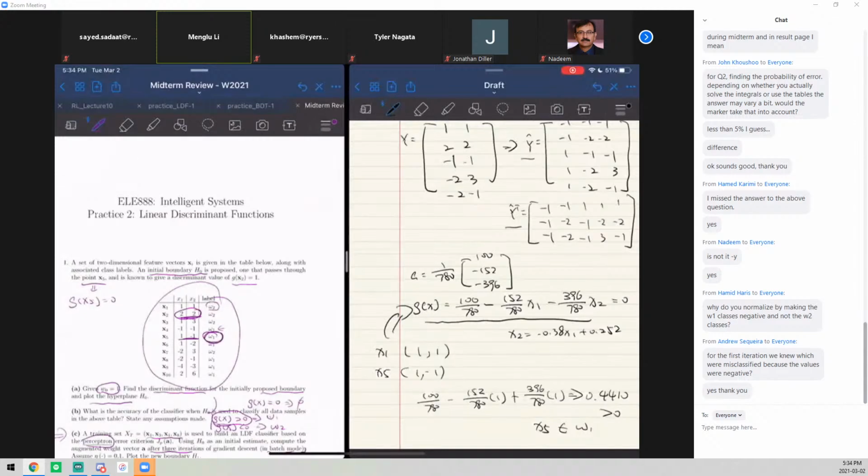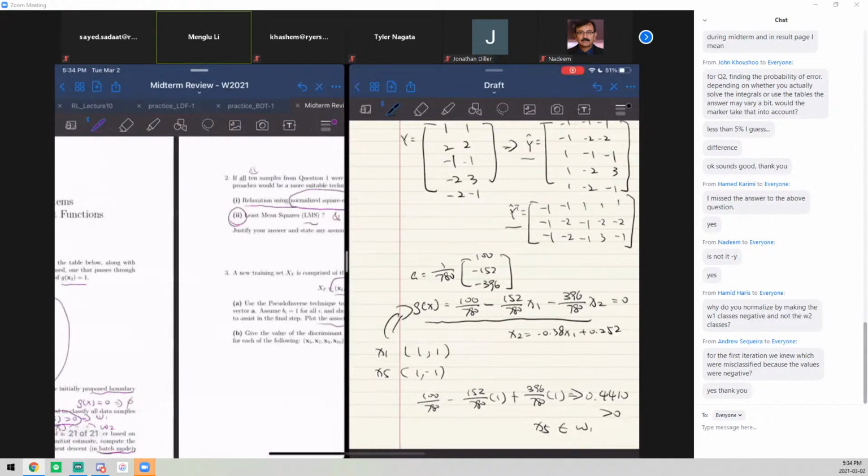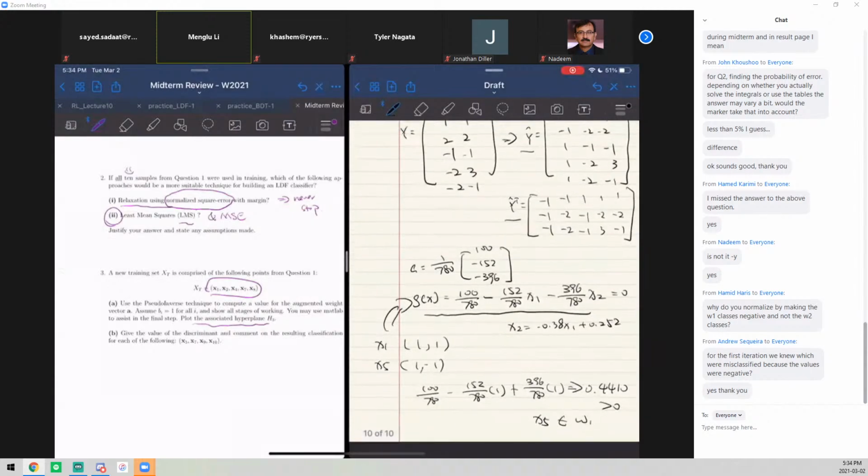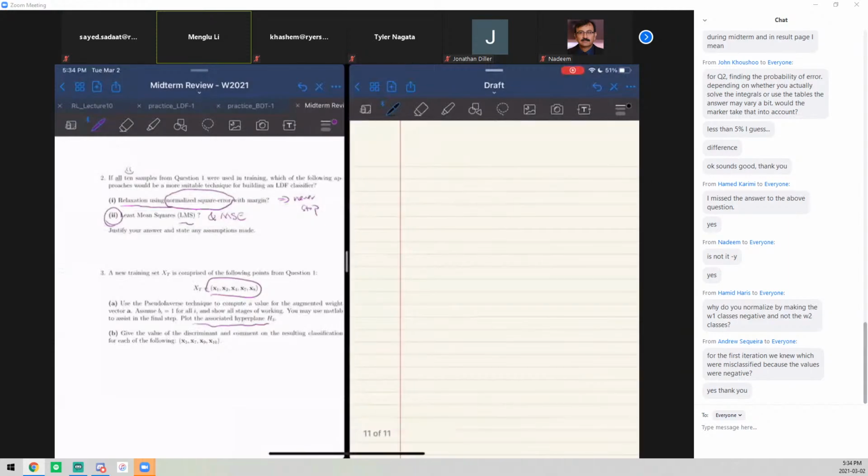Okay, we just repeat this process for each point, 4 or 5 points. And after the plugin, we will see the result: x5, x7, x9 are correctly classified.